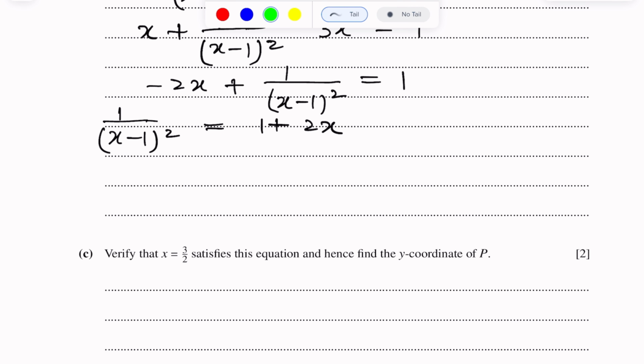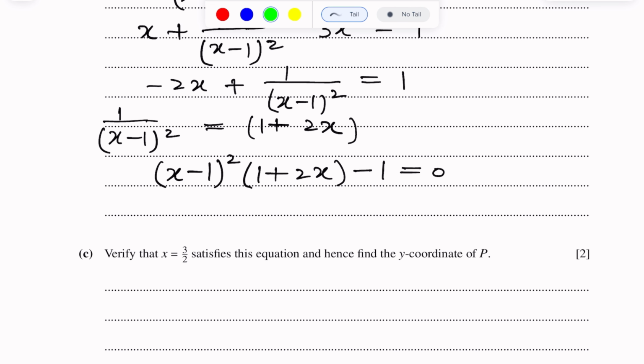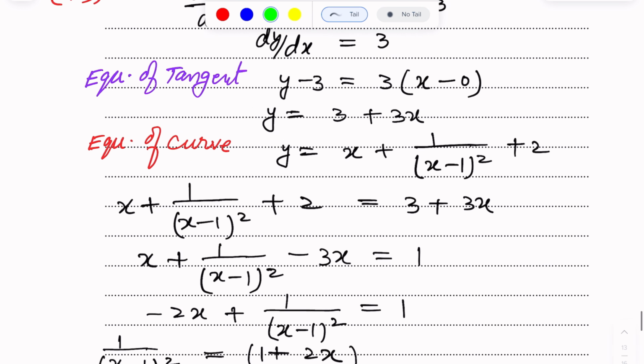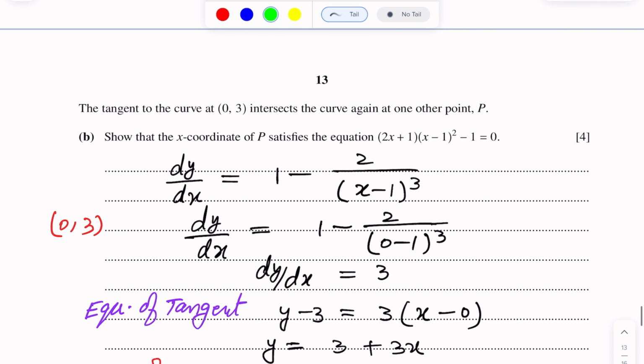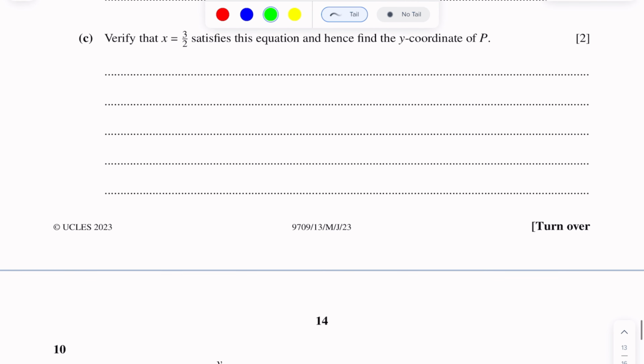So by cross multiplying, we get (x minus 1) whole square into (1 plus 2x) minus 1 is equal to 0. This is verified. We have shown that the x coordinate of P satisfies this equation.